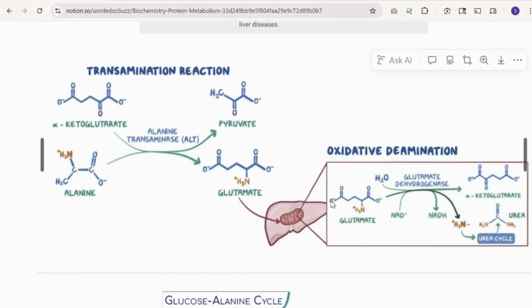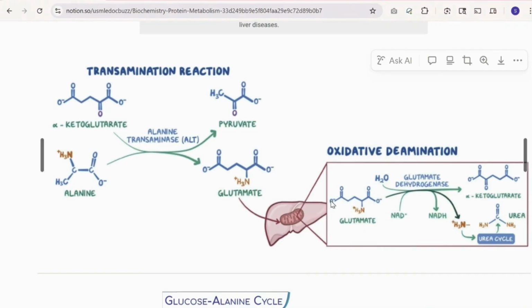Now, why did we end up doing this whole transamination business, right? The thing is, amino acids and peptides and enzymes, they grow old. They need to be broken down, right? Now, what is the main carrier group that takes all these amines from the amino acids and neutralizes them or recycles them?